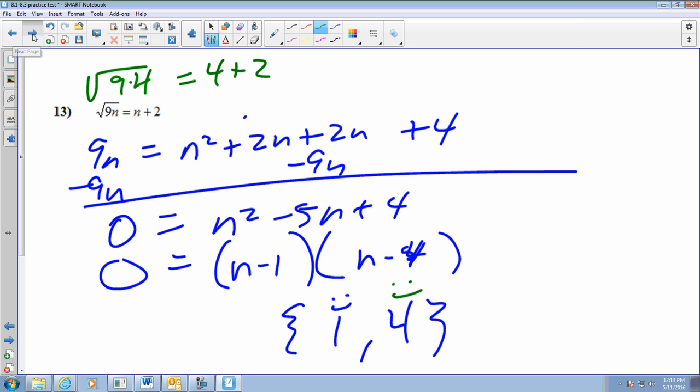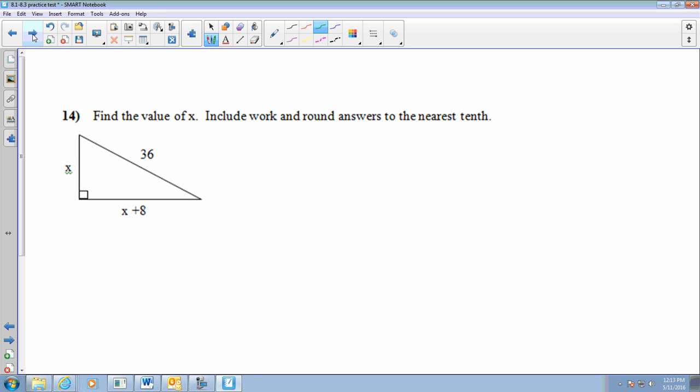They both worked. On the last one here, we're asked to find what x is, and so we're going to do the Pythagorean theorem, and we have x squared plus x plus 8 squared equals 36 squared.